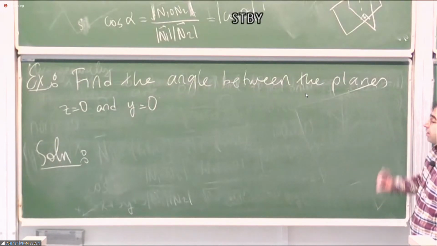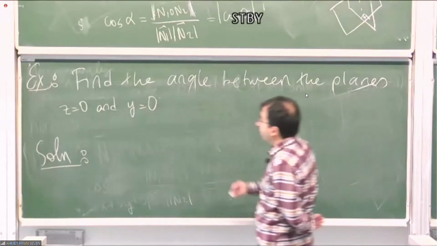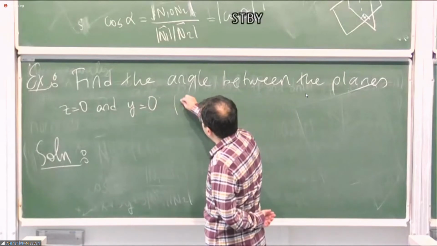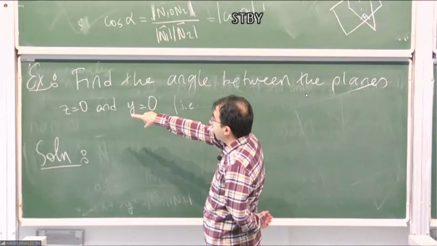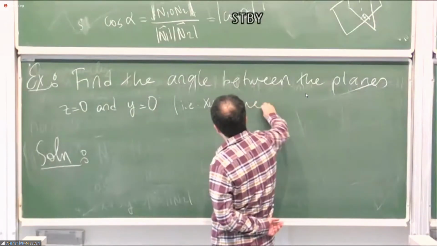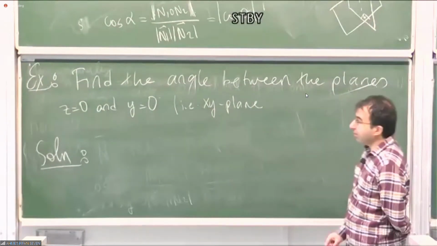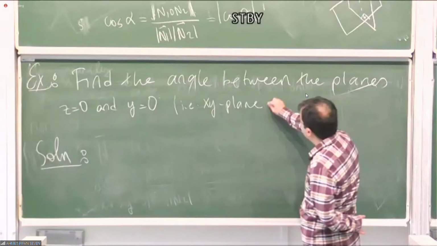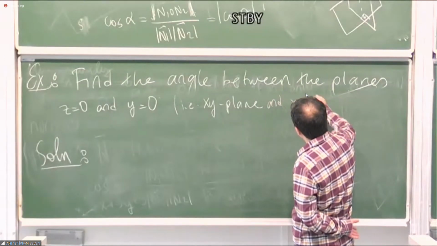Well, do we recognize these planes? Yes, right? z equals 0 is the xy plane. y equals 0 is the xz plane.